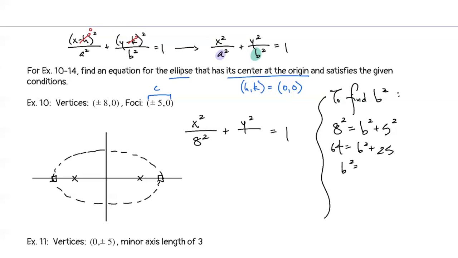B squared equals 39. So b equals plus or minus square root of 39. What number do I put under y squared?